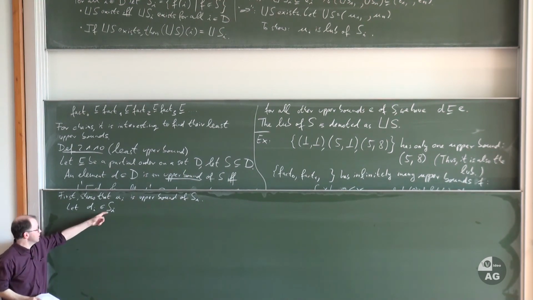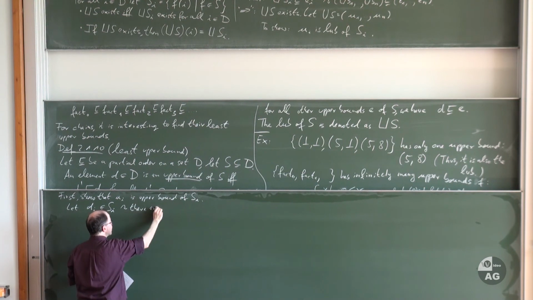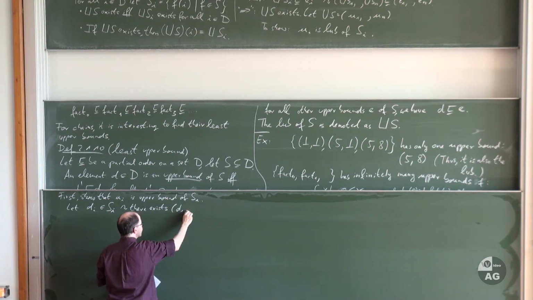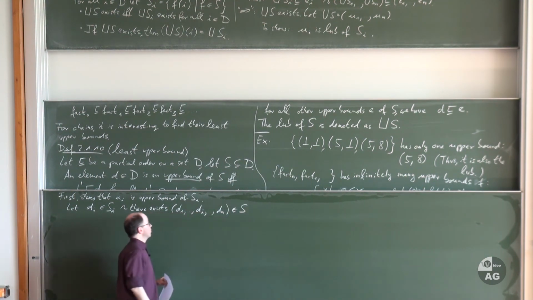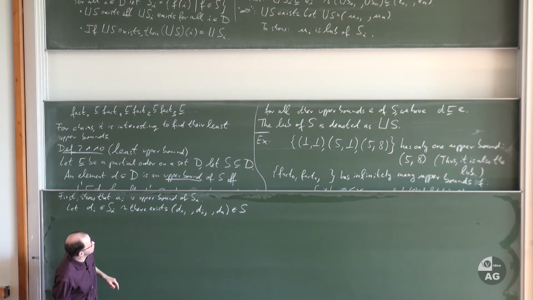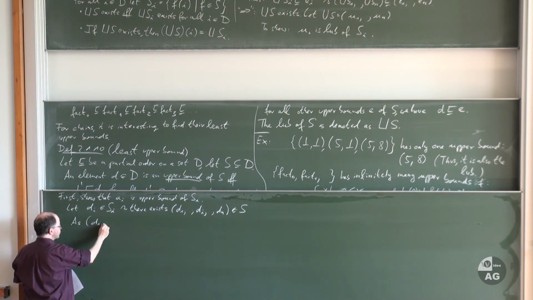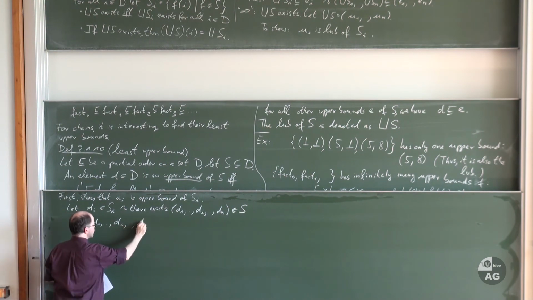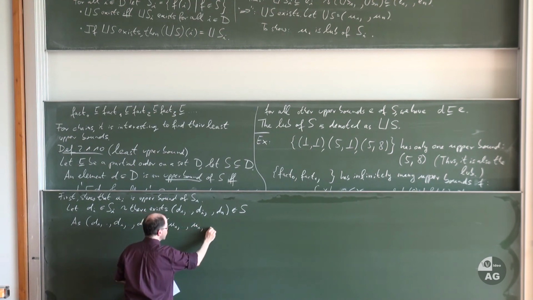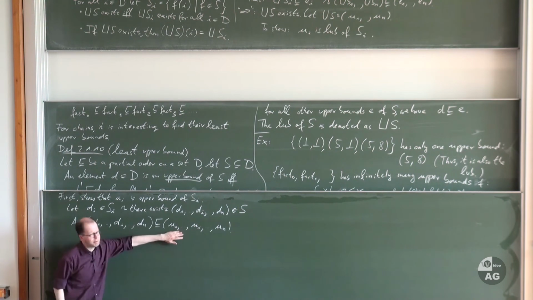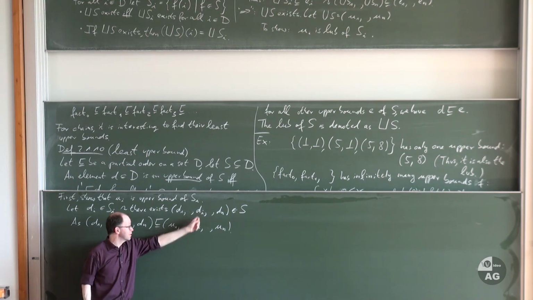But if this is a component in SI, then there must be some tuple in S where this DI occurs at the component number I. And since U1 to UN is an upper bound of S, we know that this component here is less than or equal to this least upper bound of S. But then the ith component must also be greater or equal than this.